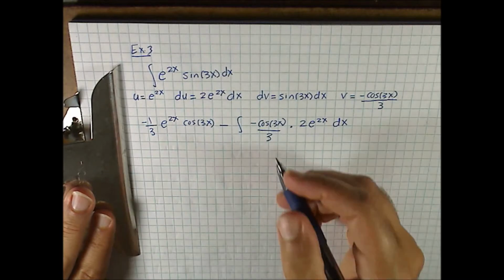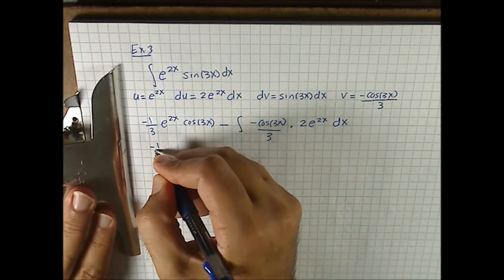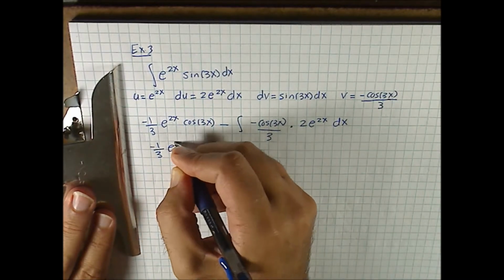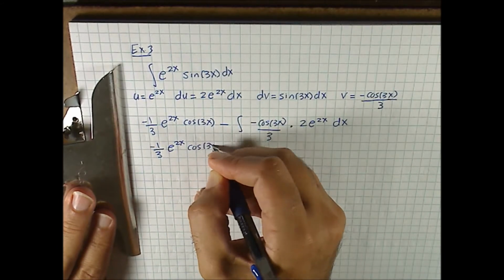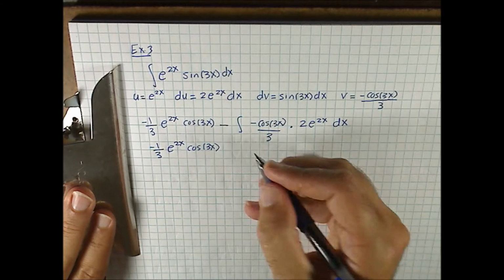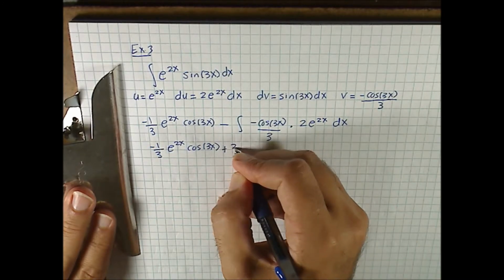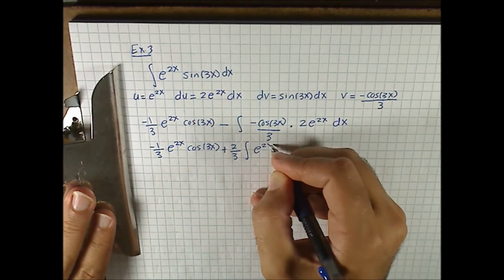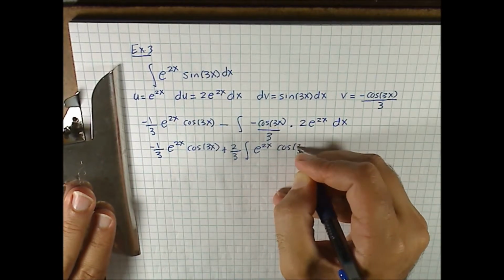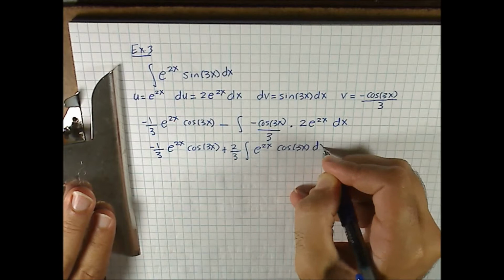Okay, let's pull out the constants from the integral, so we get negative 1/3 e to the 2x cos 3x, minus minus is plus 2 over 3 integral e to the 2x cos 3x dx.